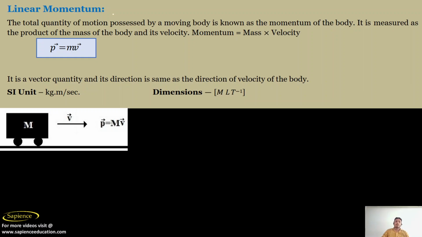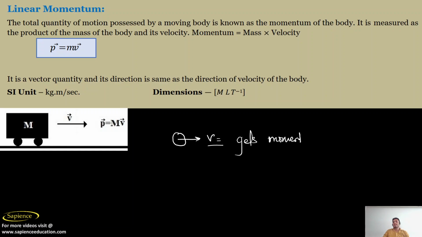Now I will talk about linear momentum. What is linear momentum? The total quantity of motion possessed by a body is known as momentum. When we are talking about linear momentum, for example, a body is kept here, so there is no momentum. But if the body has some velocity v, then it gets some momentum, okay.